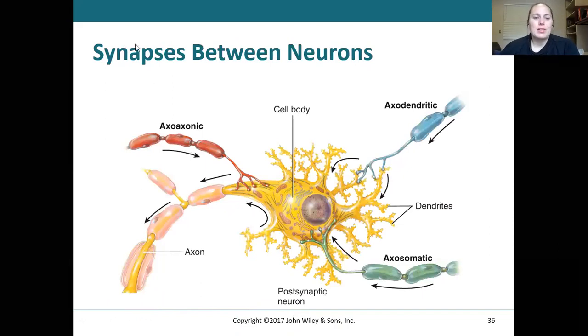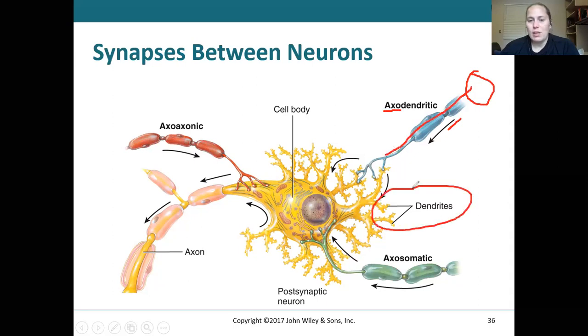When we talk about the interaction between synapses, we often think of axodendritic, meaning there's an axon of a cell up here that's sending its signal down, projecting onto the dendrites of this cell. So axodendritic means axon and then dendrite. You can have axoaxonic, meaning you have a cell that's actually projecting onto the axon itself.